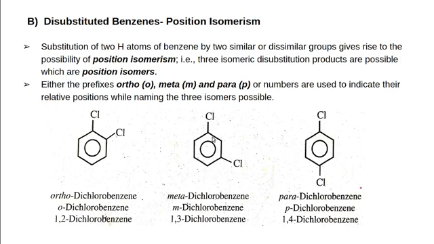So this is the meta isomer. If the substituents are on the 1 and 4 positions, then it is para-dichlorobenzene, or the para isomer. So there are three isomers, ortho, meta and para, based on the positions of the substituents.